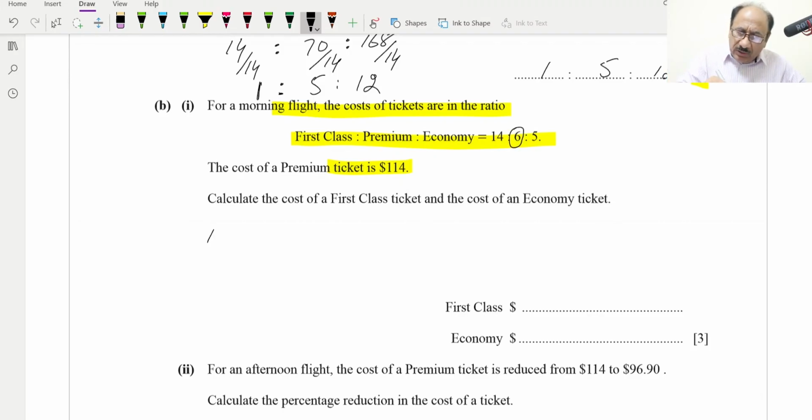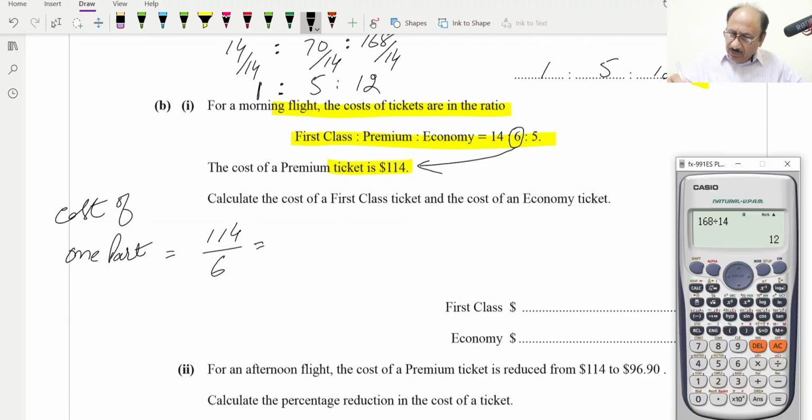So 6 parts are costing 114. So one part will be costing how much? 114 divided by 6. This will be the cost of one part. So we can write here one part. This will be the cost of one part will be equal to 114 divided by 6, which is equal to 19.